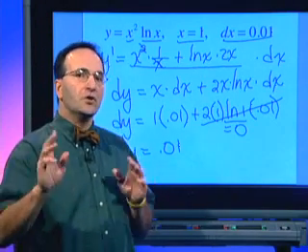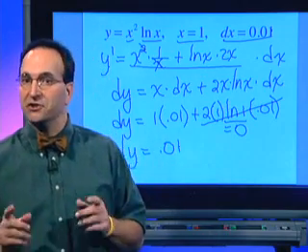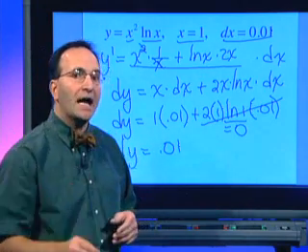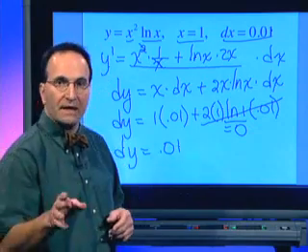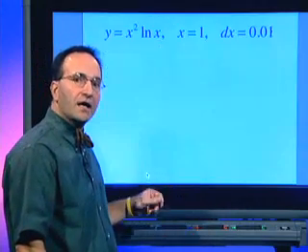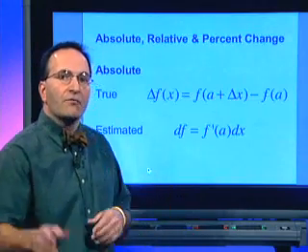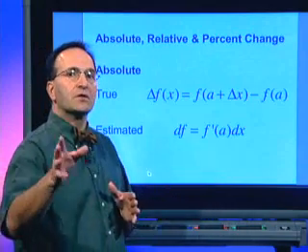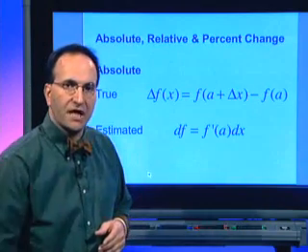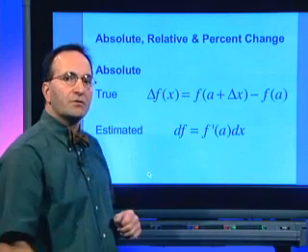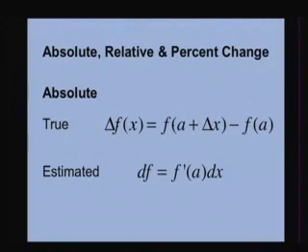We often use differentials to estimate change. There are 3 types of changes that we can find. So let's take a look at each one of them. They are called absolute, relative, and percent change. Let's look at absolute first. Absolute says that the true amount of change is delta f equals f of a plus delta x minus f of a.